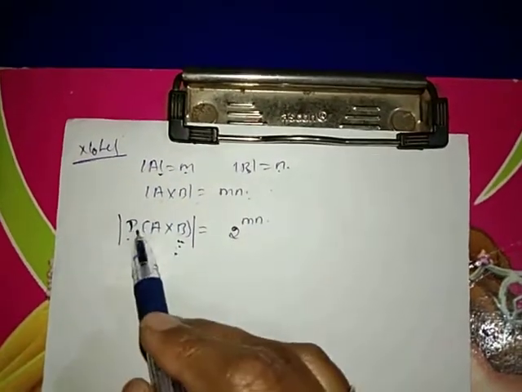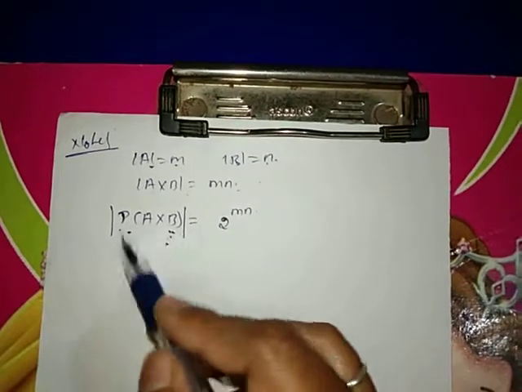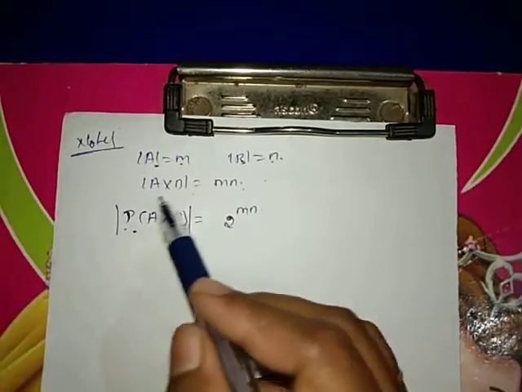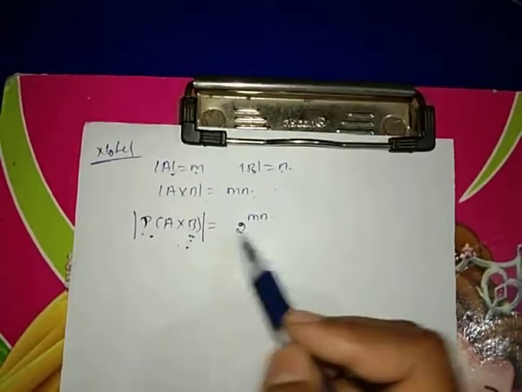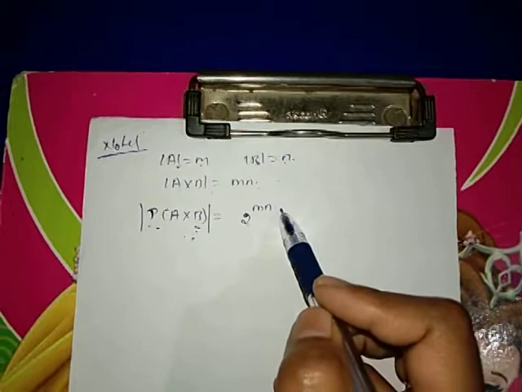So therefore, the number of elements in the power set of A cross B is 2 raised to m into n.